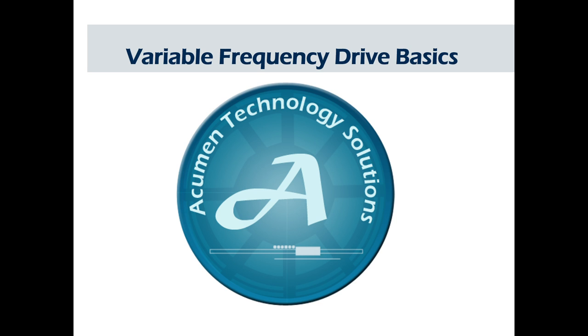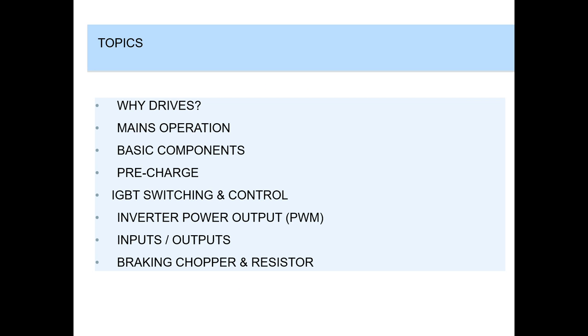So let's get started. These are the topics that we are going to cover. First we'll look into why drives are necessary, and then we'll have a look into the basic operation and the basic components of the drives. Then we'll try to understand the concept of pre-charging. Pre-charging is a very fundamental and important concept on switching on a drive.